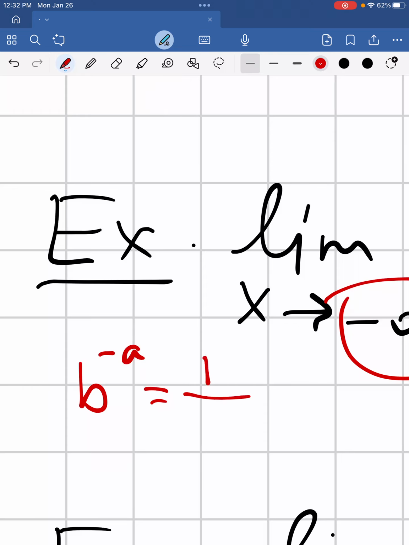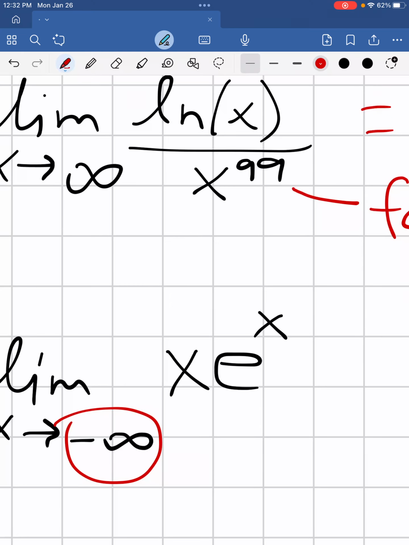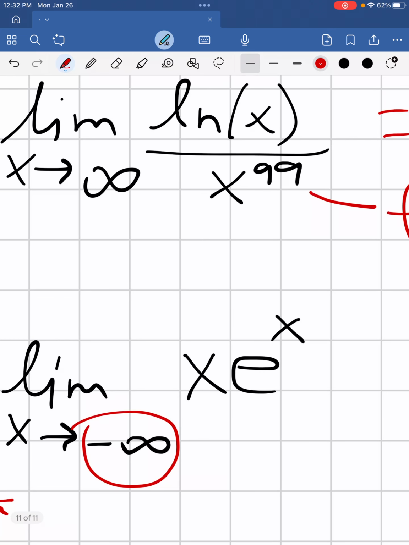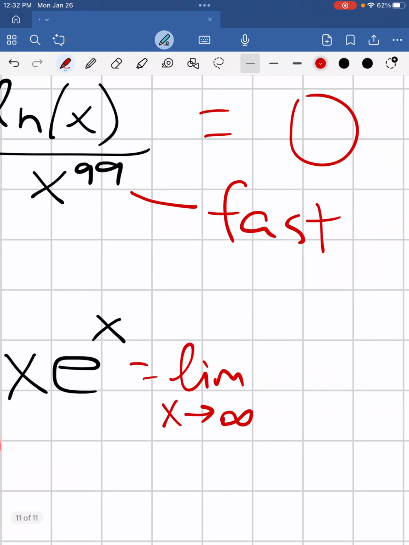So if I look at this limit, I'm plugging negative values in for x. So it would be equivalent to, if I were doing the limit as x approaches positive infinity, of negative x divided by e to the x, right?